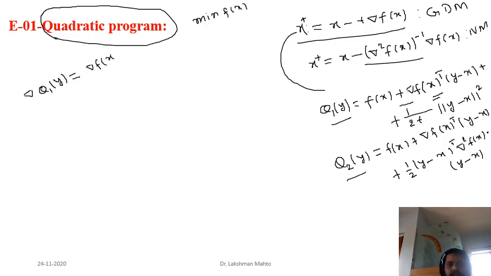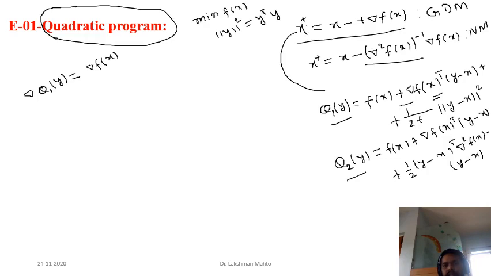If you differentiate this term, you get the gradient of f at x. Now here you observe the quadratic term. If you differentiate the squared norm, we know that the norm of y squared, in terms of inner product, you can write it as y transpose y.